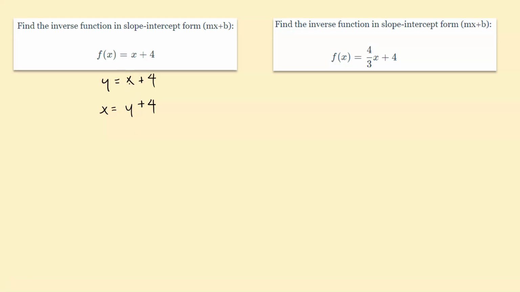But the thing is we have to get it into slope-intercept form. So that means we want to solve for y. So I'm going to go ahead and subtract 4 on both sides. So we get y equals x minus 4. And then the other thing we want to do is rewrite it using that inverse function notation I showed you.